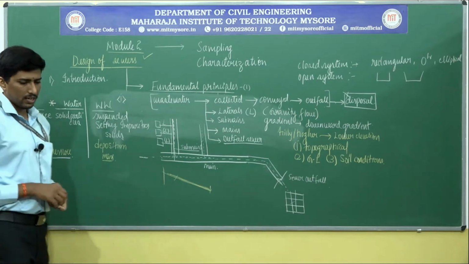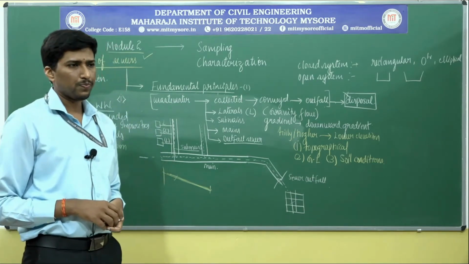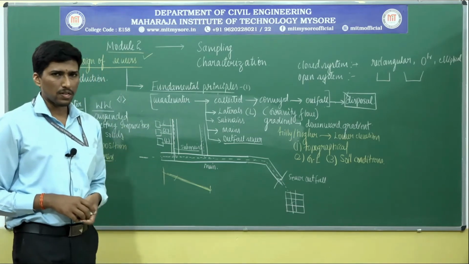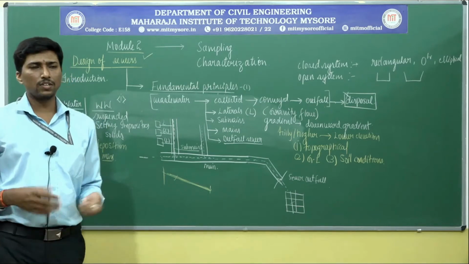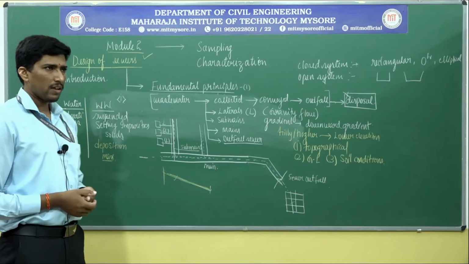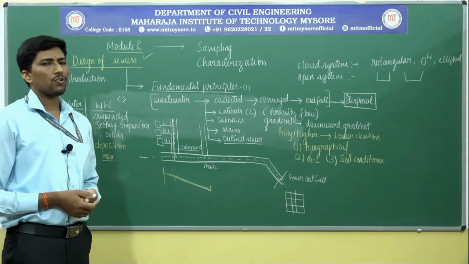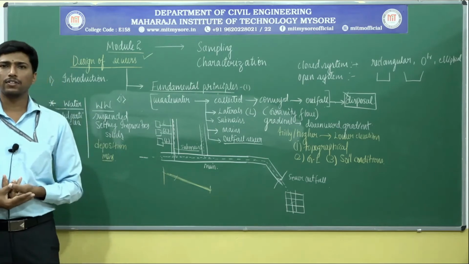The next important thing is, having come across the types of impurities, how to design in a geometrical manner, and how to design by considering the hydraulic coefficients. All those things come under the critical part.